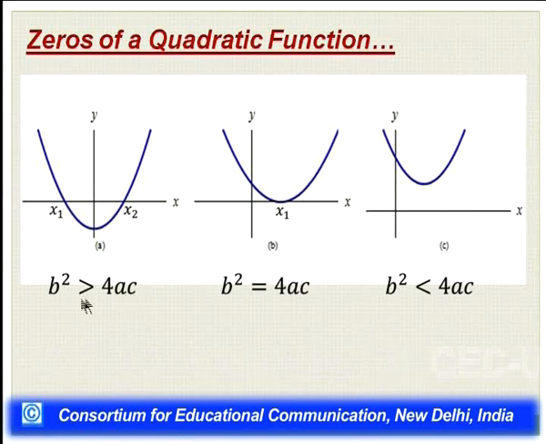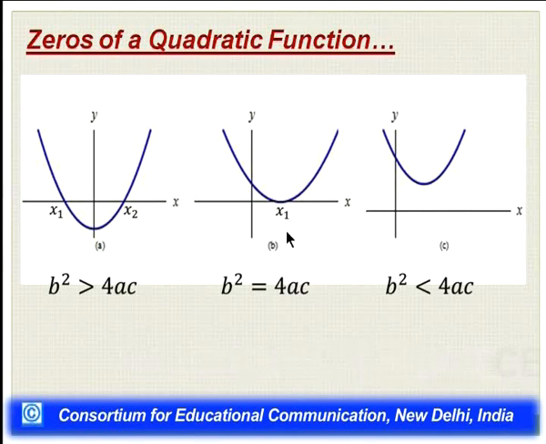So let me do it one by one. If b square is strictly greater than 4ac, you have a parabola here that will intersect the x-axis at 2 points, namely x1 and x2, because here we have two real roots. If b square is equal to 4ac, then the parabola will just touch the x-axis, and because there is only one real root, that real root is given by x1.